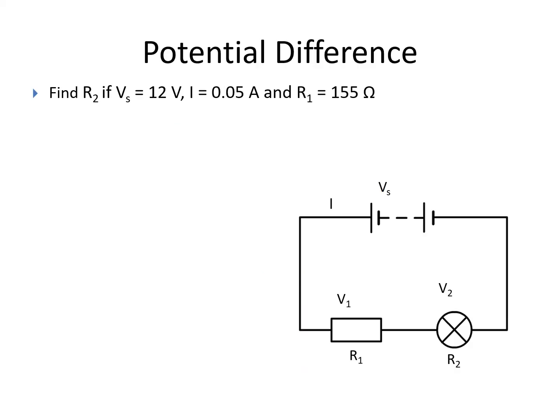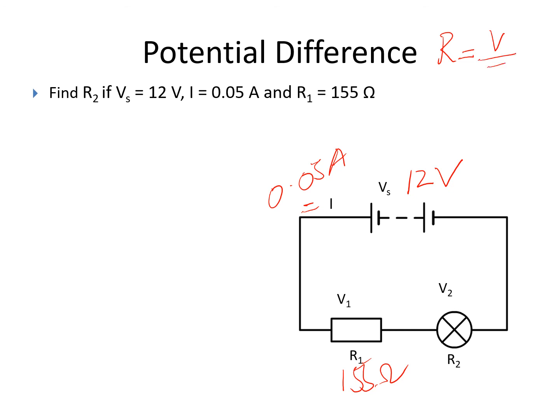Now, the next question. Find R2 if Vs is 12 volt, I is equal to 0.05 amps, and R1 is 155 ohms. So now, in order to find resistance, what is the equation we have? Ohm's law.